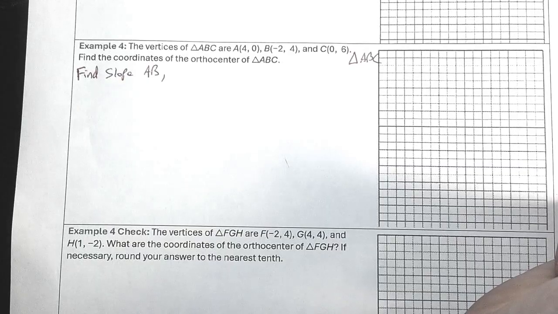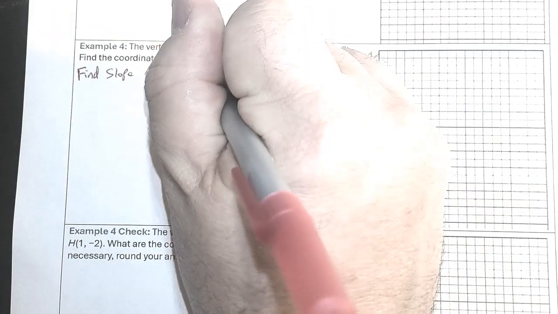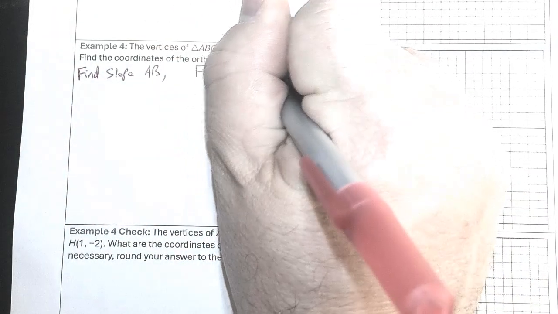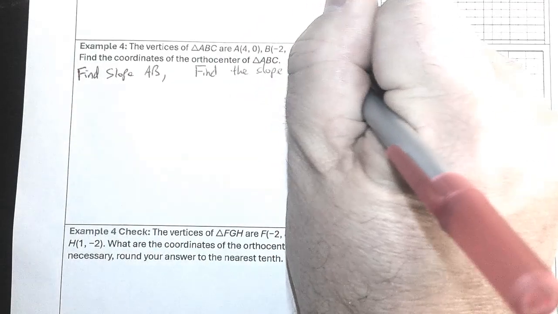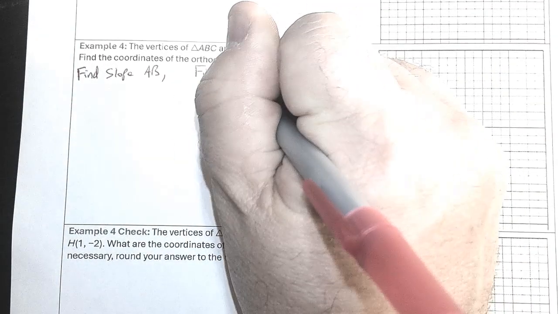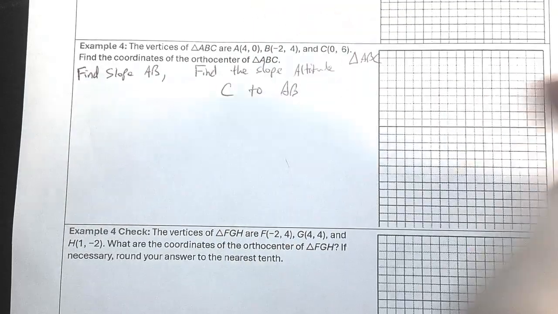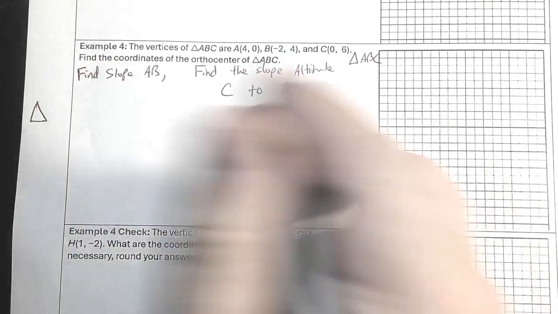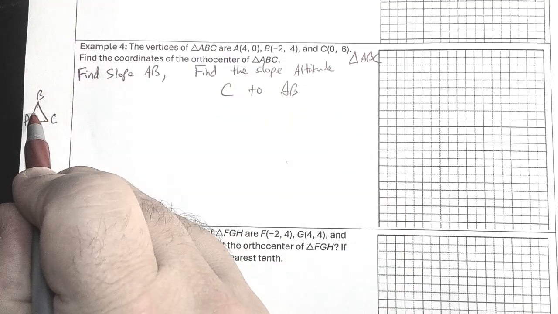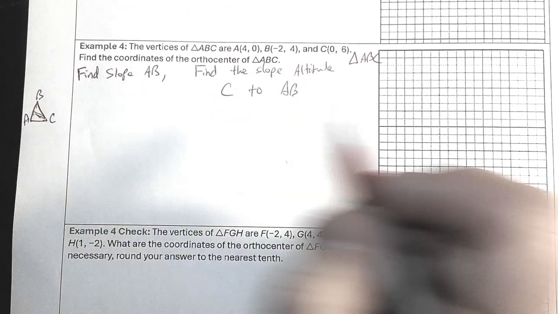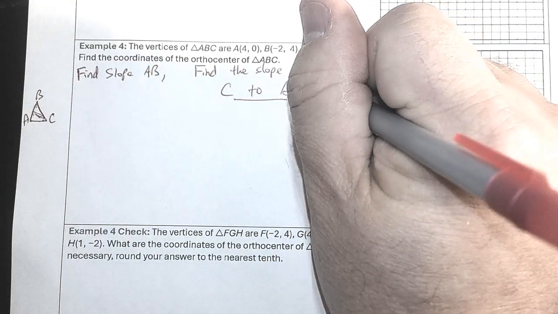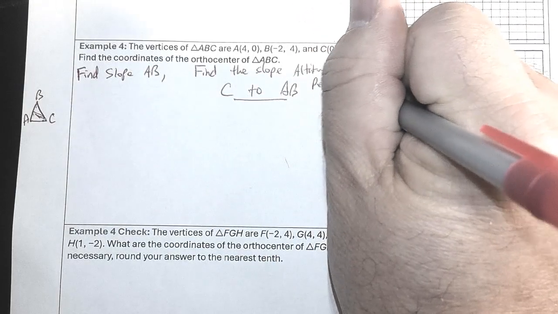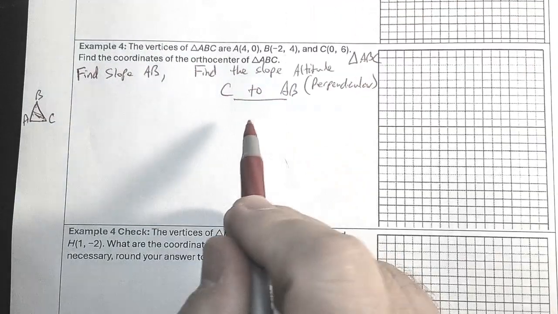Once you find the slope for AB, then you find the slope for the altitude that's C to AB. Because if our triangle is ABC over here, AB to C is your altitude. So this altitude. Remember, this is perpendicular. So it is the opposite reciprocal.